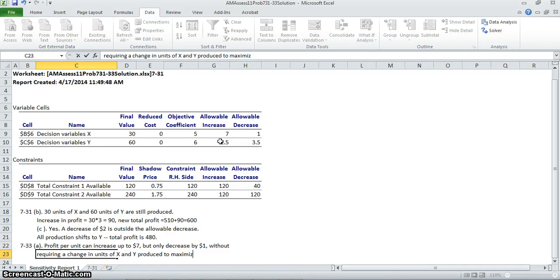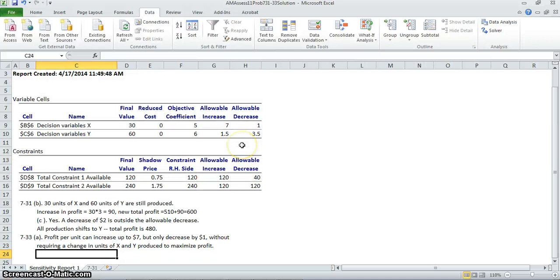Profit per unit can increase up to 7 for x, but only decrease by 1 without requiring a change in the units of x and y produced to maximize profit. Although it's not addressed in the problem, we can see that the same holds for y.